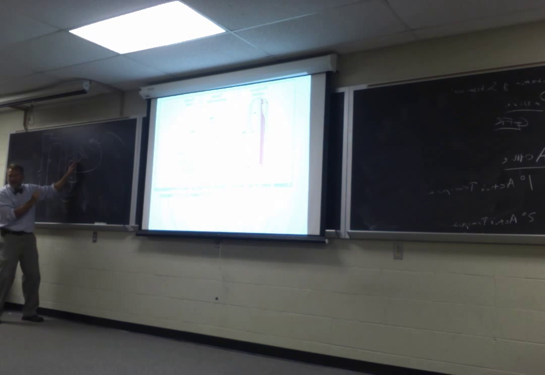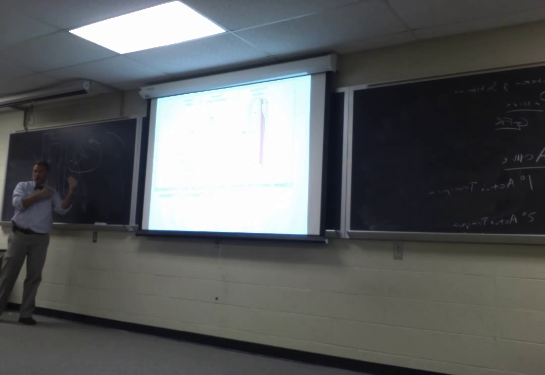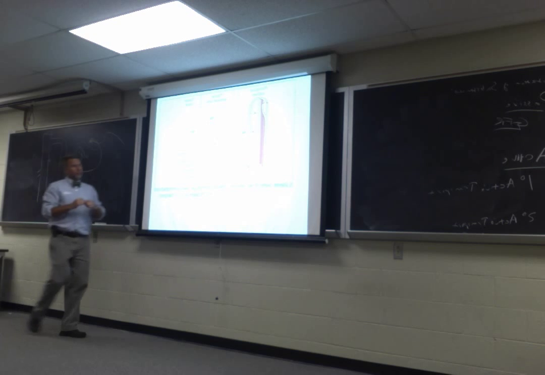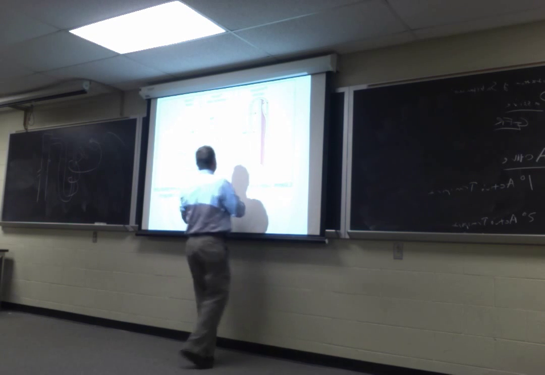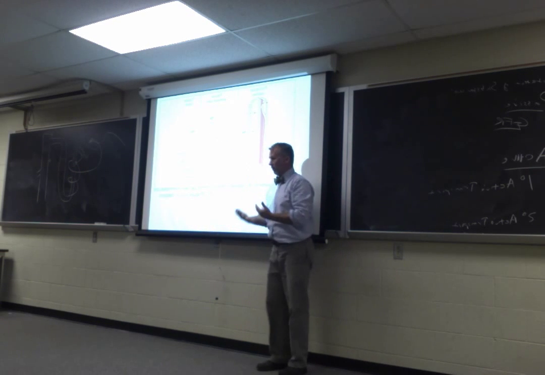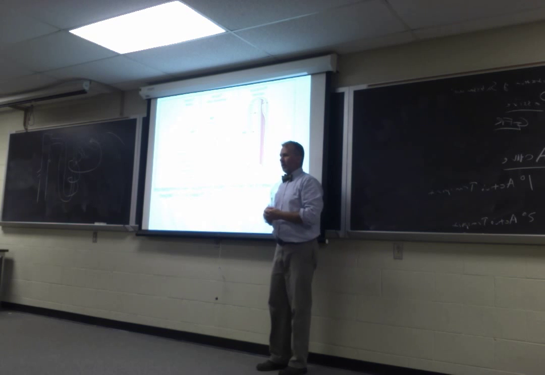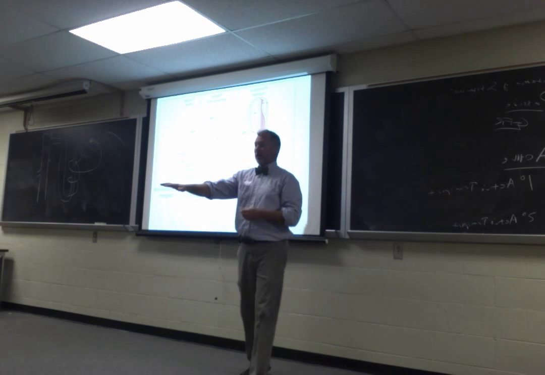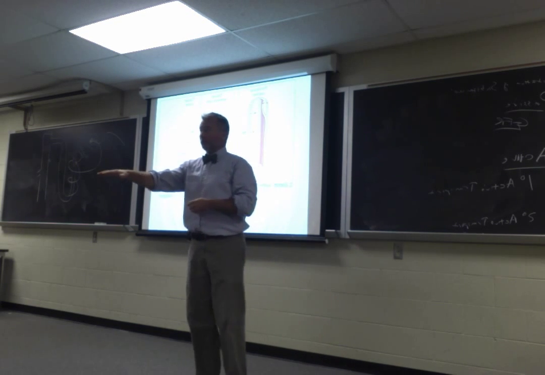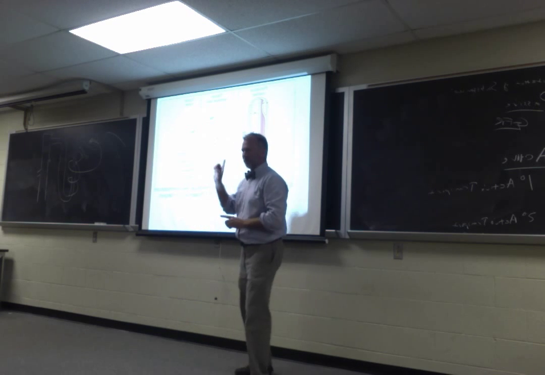The basolateral is the outside of the cell, juxtaposed to the peritubular capillary. On the basolateral side, we have sodium-potassium ATPase pumps. Now, every cell in your body has sodium-potassium ATPase pumps, but these are only on the basolateral side.